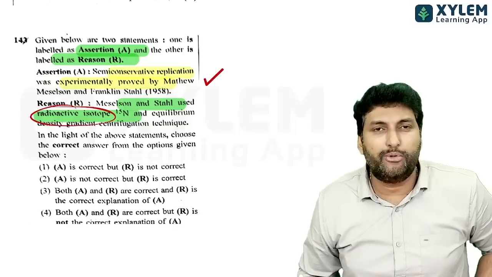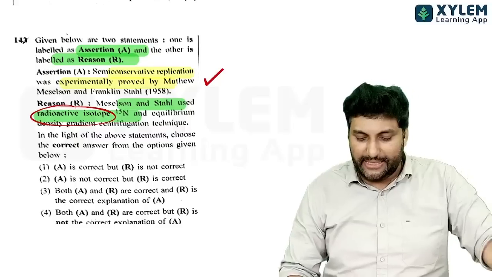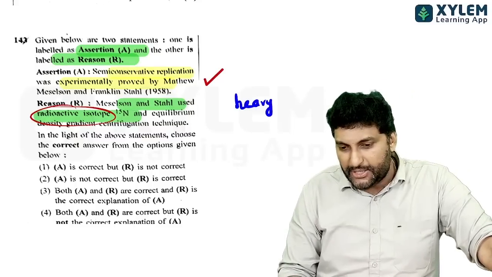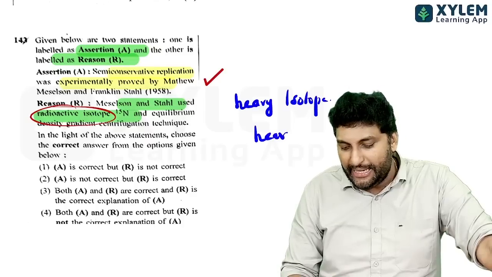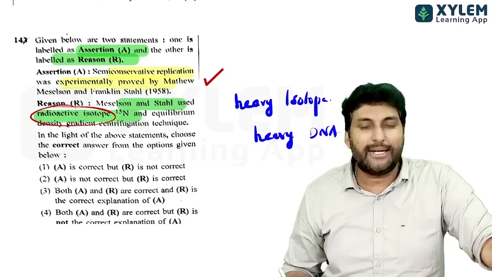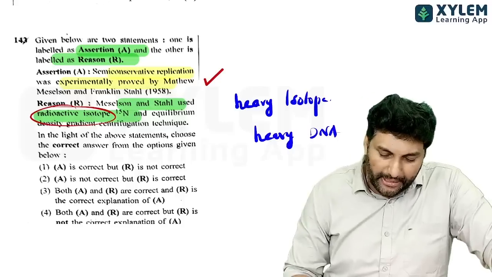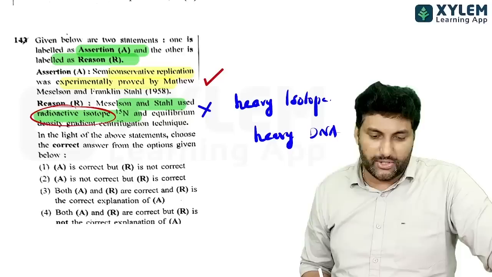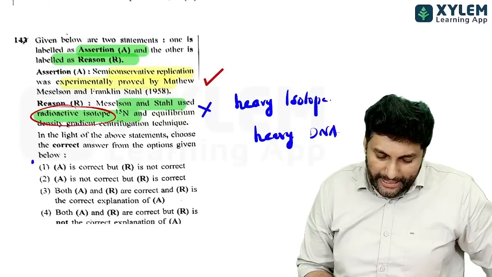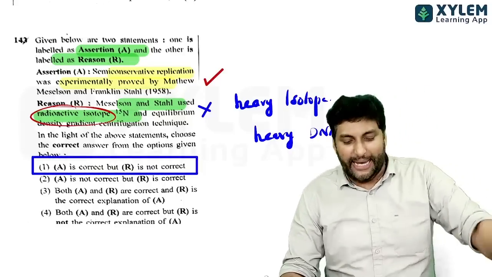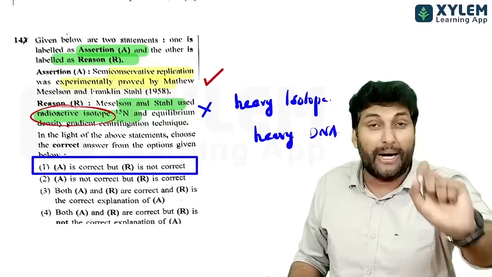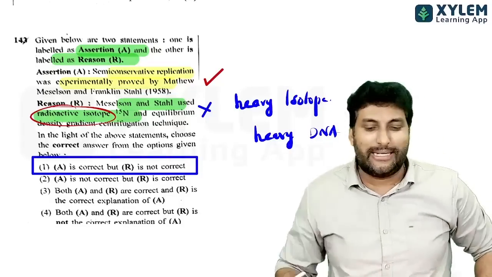They did not use a radioactive isotope. Instead, they used a heavy isotope, heavy DNA. So the reason is wrong. While the assertion is right, the reason is wrong. So the right choice is A, the first option. Assertion is correct, but the reason is not correct.